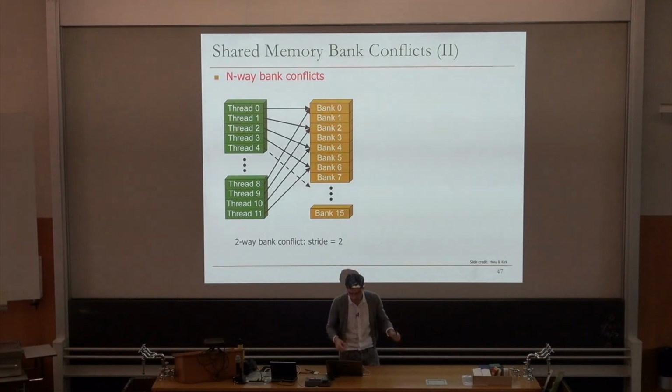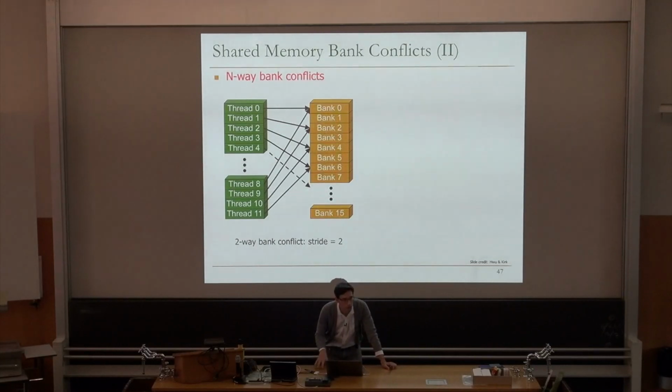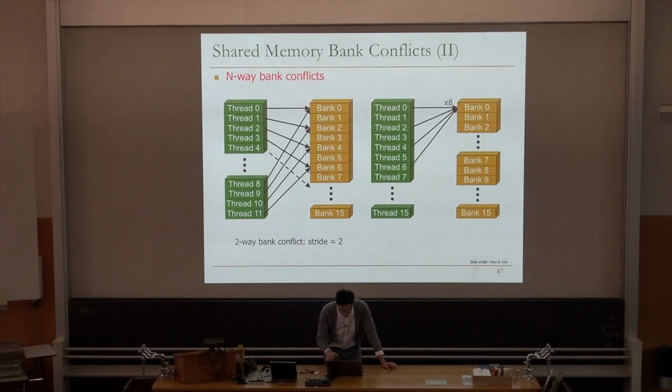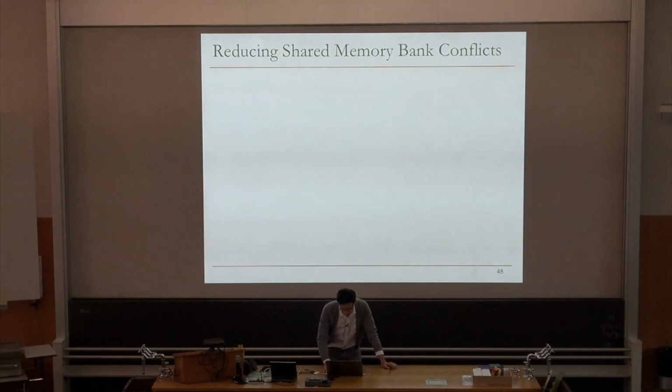This is also something that we mentioned in lecture 7. If the stride and the number of banks are relatively prime, we won't have bank conflicts. As long as they have some factors in common, we might have bank conflicts. And here is an 8-way bank conflict as an example.